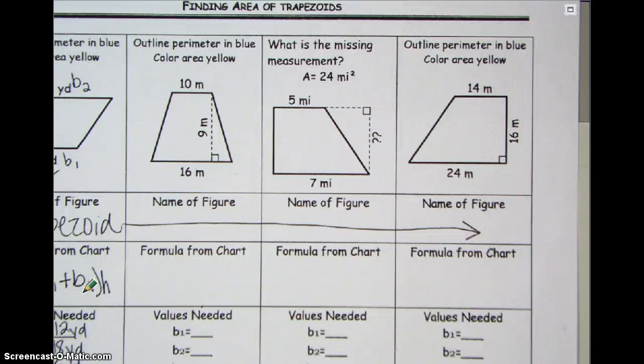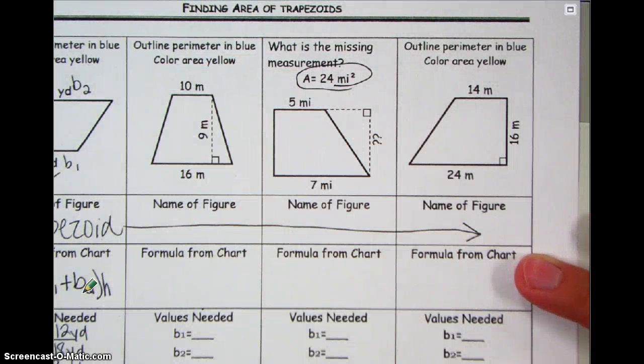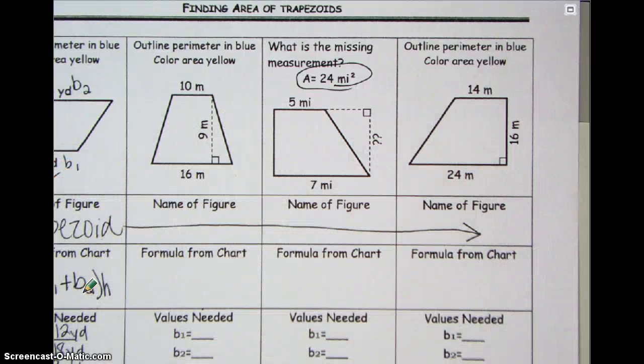Okay, this one says, what is the missing measurement? So we were given the area equals 24 miles squared. And I see a few other things that I was given here. Mendiola, what 2 sides of that trapezoid are parallel to each other?